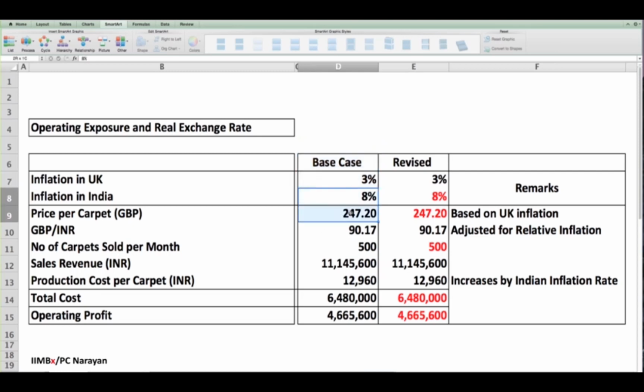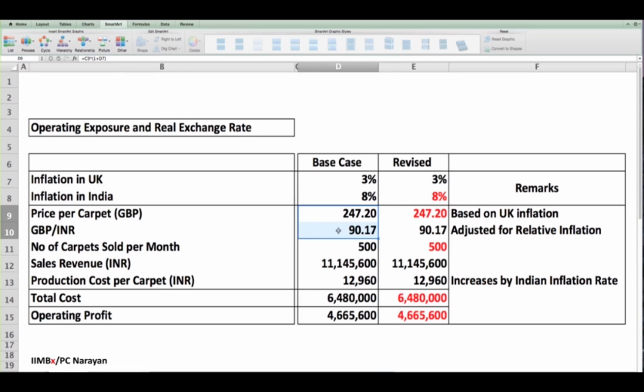The current price at which the Indian exporter is able to export his carpets to the United Kingdom importer is 247.20 GBP per carpet. The prevailing exchange rate is 90.17, 1 GBP equal to 90.17 INR.